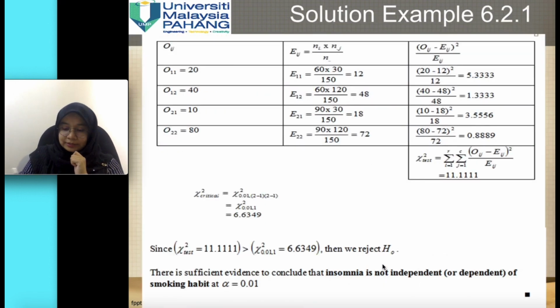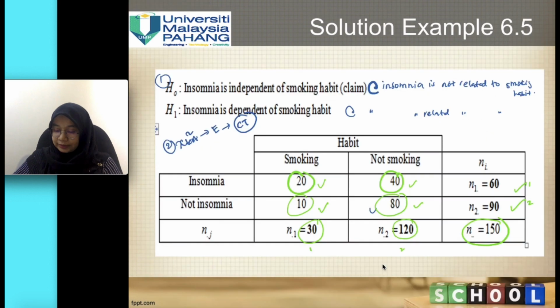Okay, this one is O. O is given. Now find E. E for 20. Okay, look at here. E for 20 is equal to, 20 is located at row 1, column 1.